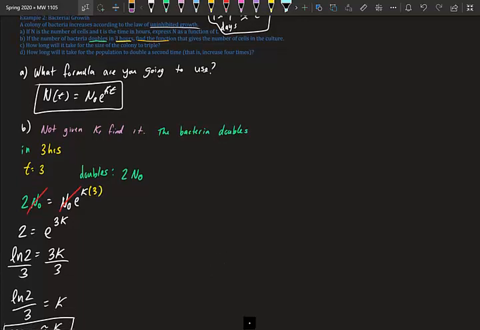Part C. How long? What's it looking for? It's looking for time. So it's asking for time. How long will it take for the size of the colony to triple?